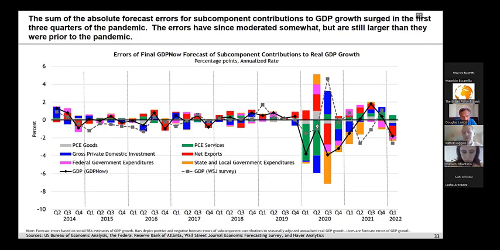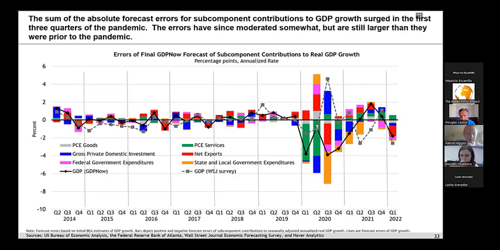Imports can increase 10% in a quarter, not annualized, or they can fall. Apart from the pandemic, you would never see consumption increase by 10% in one quarter, because things like medical expenditures and housing evolve slowly enough that the changes aren't going to be big enough to really move that.